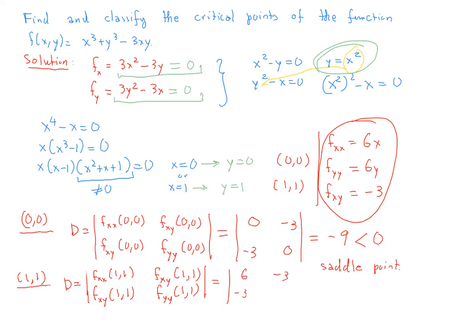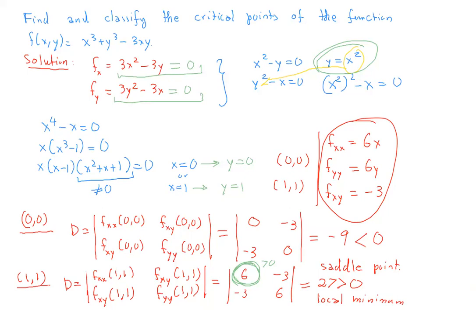Those do not change since f xy was constant, and another 6 here, which will give actually 36 minus 9, that's 27, which is positive. So we do have a local extremum right here. And what kind of local extremum? Well, take a look at the second derivative with respect to x. It's positive, which means that this has to be a local minimum. And that completes the classification of critical points for this particular function.